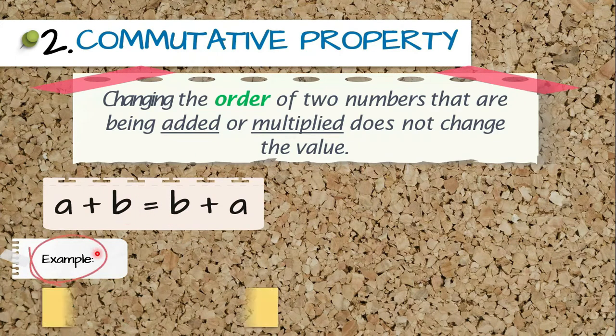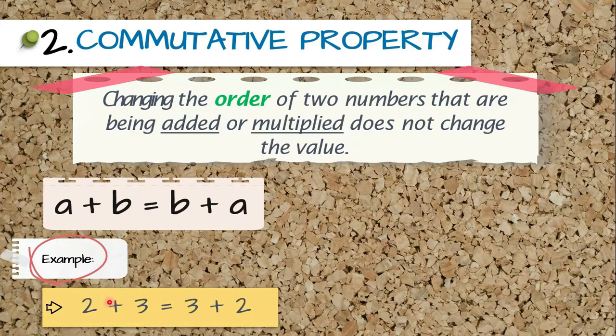Example, 2 plus 3 is equal to 3 plus 2. So, if we're going to add 2 plus 3, that is equal to 5. And for the right side, we have 3 plus 2, that is also equal to 5, meaning to say, they are just equal.